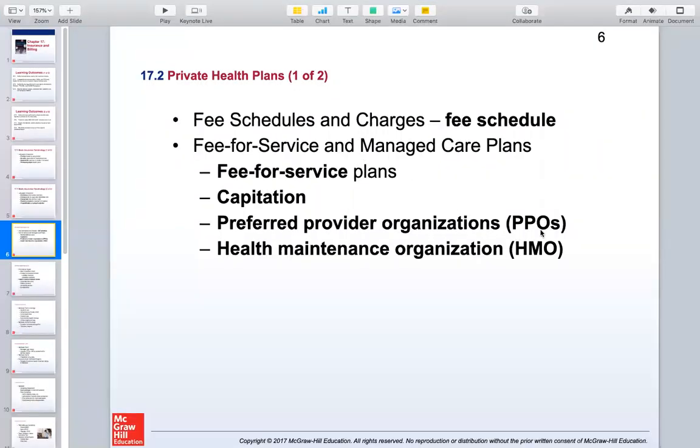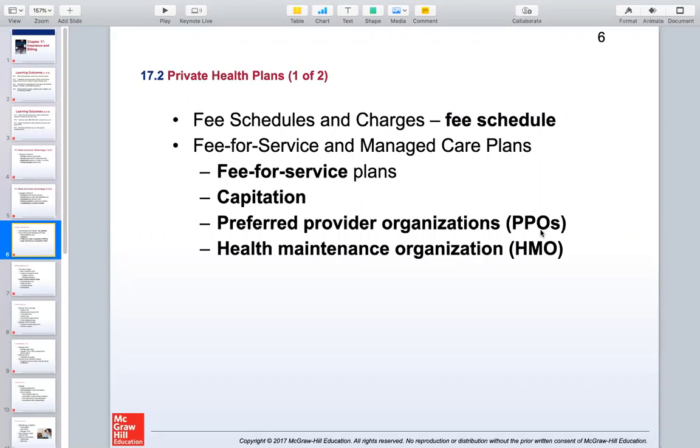And then the different health plans: you have two major types of health plans. You have your traditional fee-for-service plans, and then you have your managed care plans. Your fee-for-service plans, probably one of the oldest plans that we have, are the most expensive plans. Basically, you have to pay the practitioner an exact amount for each service that they provide for you, based on what the provider's fee schedule is.